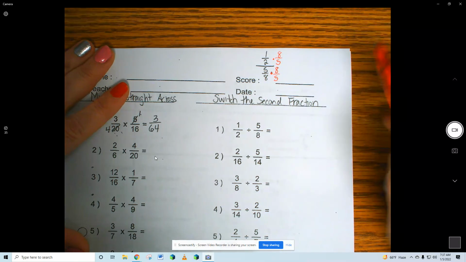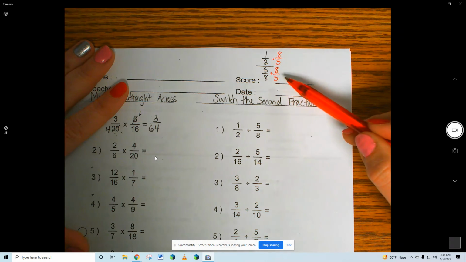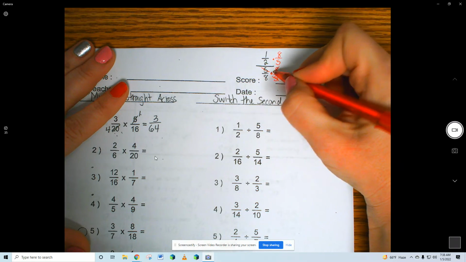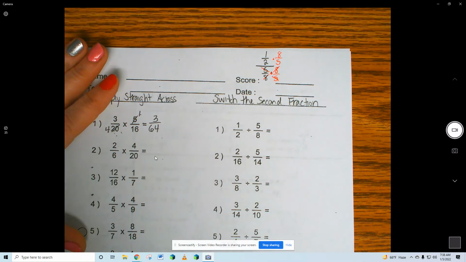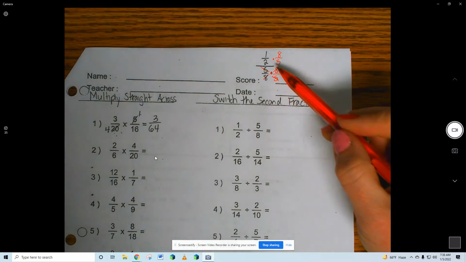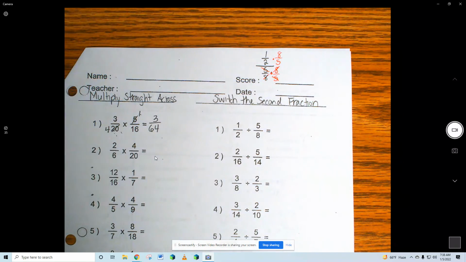Because now, 1/2 times 8/5, 5/8 times 8/5. This denominator is now canceling out because I multiplied by its reciprocal. So the reason that only the second fraction gets flipped is due to this.